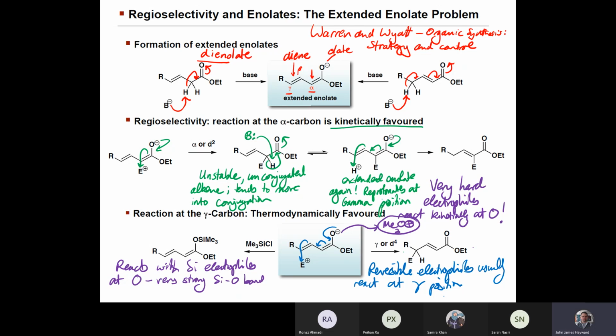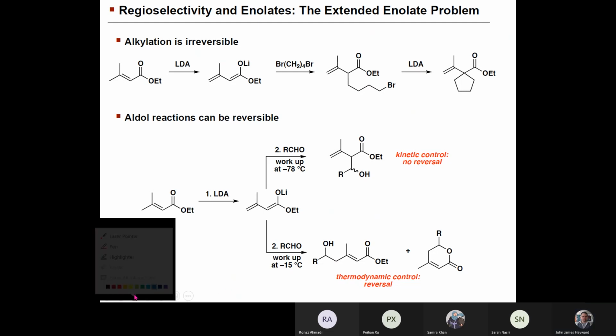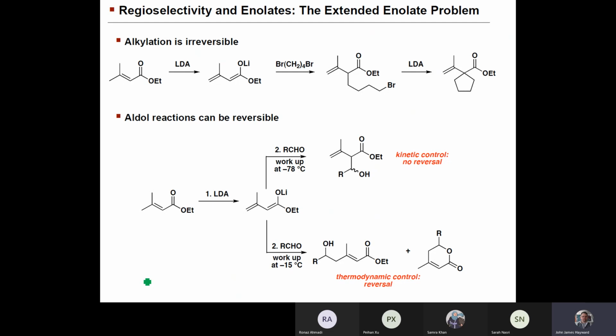So, what do we mean by a reversible electrophile? Well, I will very shortly tell you. The key thing is that alkylation is pretty much irreversible. So if you take the ester on the left here and you treat that with LDA, it deprotonates. To be honest, it deprotonates at either of these positions. There's no difference here. As soon as it's deprotonated, there's free rotation around that single bond, so you couldn't really tell which one's which.